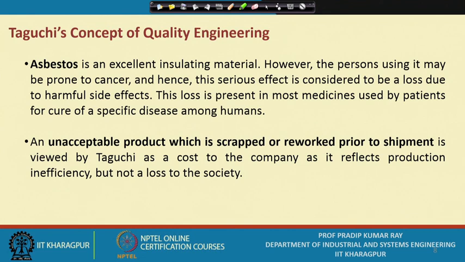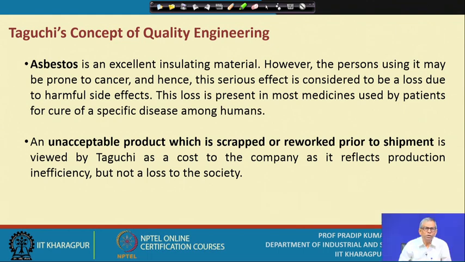Asbestos is an excellent insulating material. Nobody can deny this. However, the persons using it may be prone to cancer, and hence this serious effect is considered to be a loss due to harmful side effects. This loss is present in most medicines used by patients for cure of a specific disease among humans.